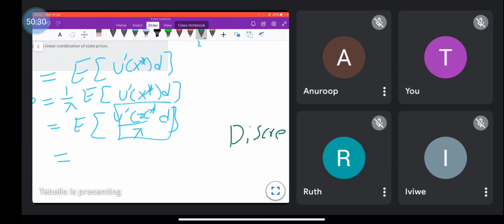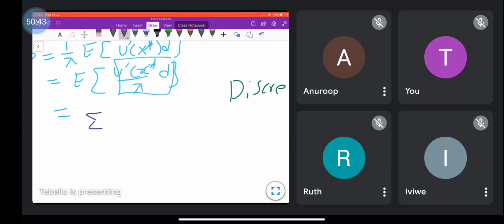So we can write this as the sum. The expectation is the sum of the first derivative of this. I can put the d here, so this will be in terms of states, so s over lambda, lambda is a constant, times the probability for each state.